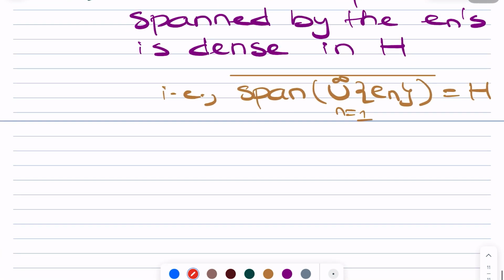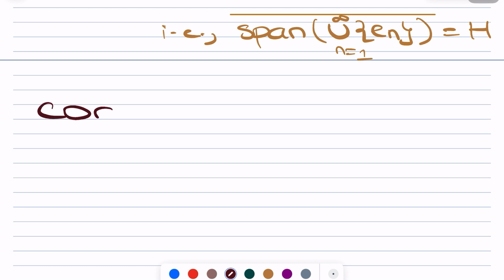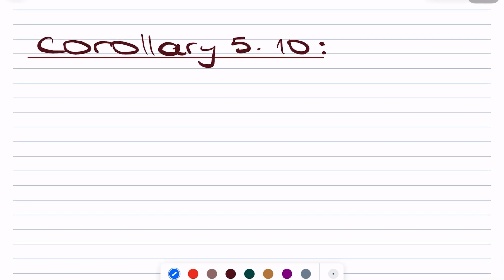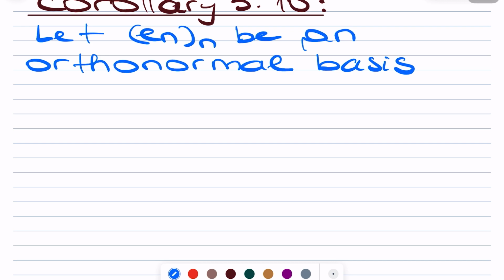So let's have a look at the corollary, Corollary 5.10. Let e_n be an orthonormal basis.